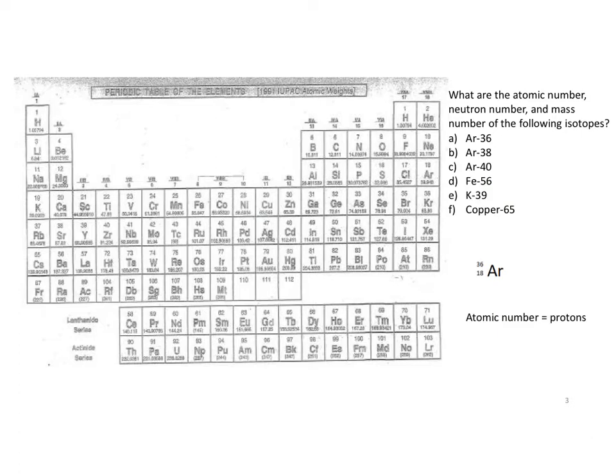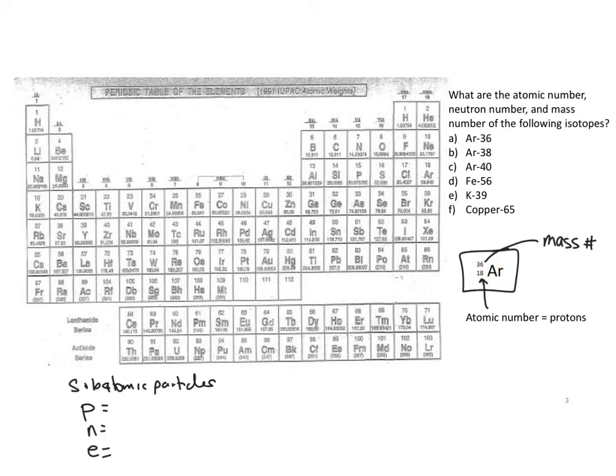Okay, so now these are our subatomic particles. Subatomic particles include 3 of them: the protons, the neutrons, and the electrons. You're seeing these elements written like this in your book, and that top number is the mass number.